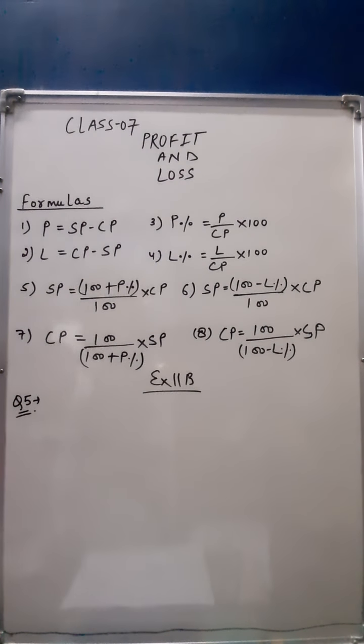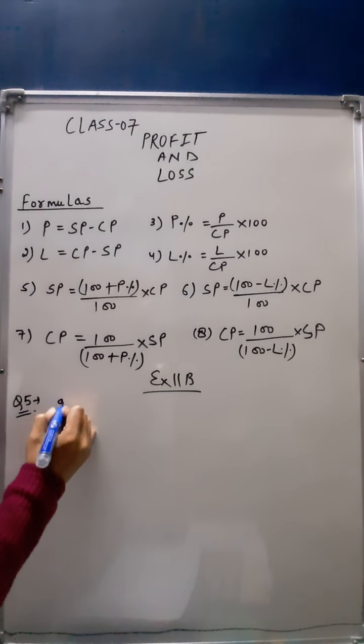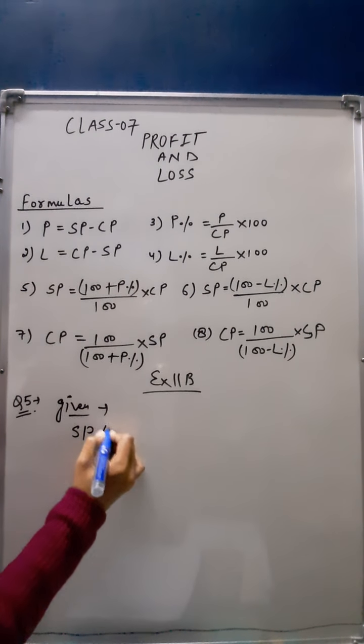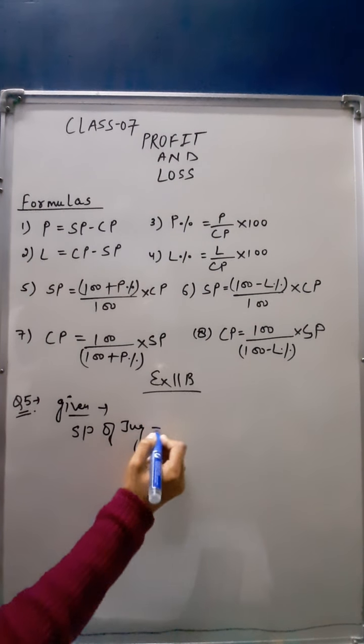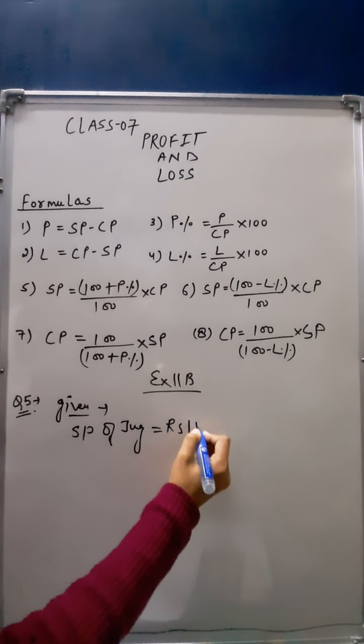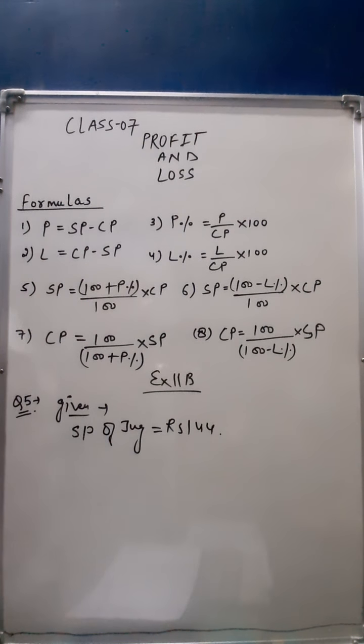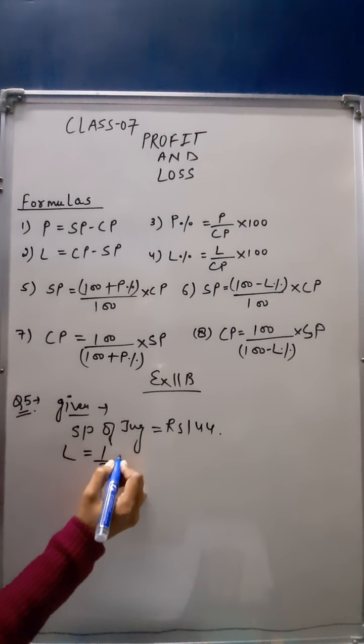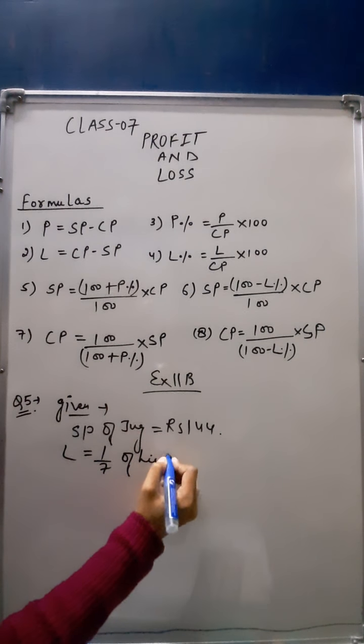In question number 5, it has been given: on selling a jug for rupees 144. So what is given in the question is the selling price of the jug, that is rupees 144. Next, it has been mentioned that a man loses 1/7 of his outlay. So the loss given is 1/7 of his outlay.